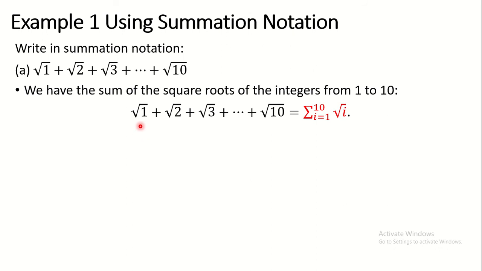If we're going to write this in summation notation, that will be equal to the summation of square root of i. So these terms are of the form square root of i from i is equal to 1 kasi nag-start tayo sa 1 up to 10 because we end up with 10.